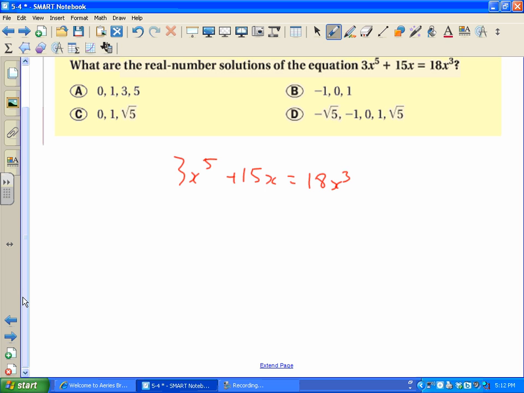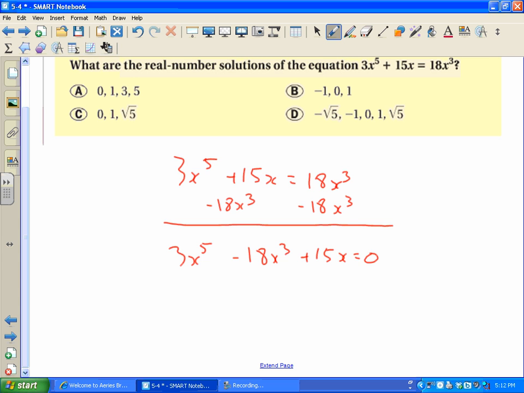That means move all your stuff over. In this case, I'm going to subtract 18x cubed from both sides of the equation. That's going to give me 3x to the fifth minus 18x cubed plus 15x equal to 0.